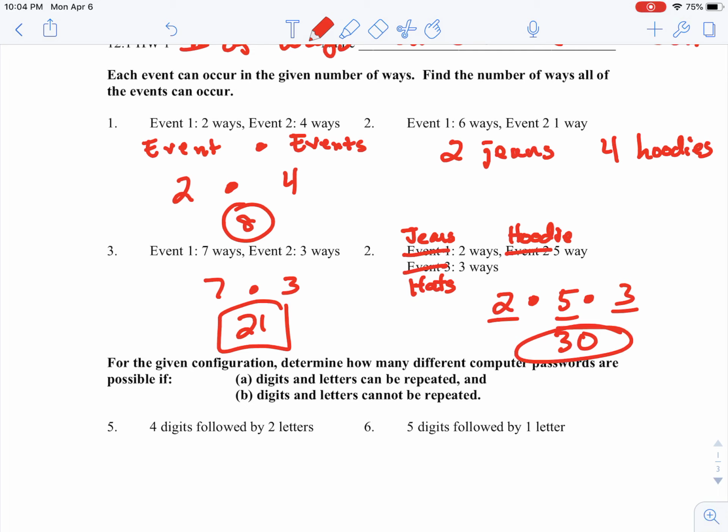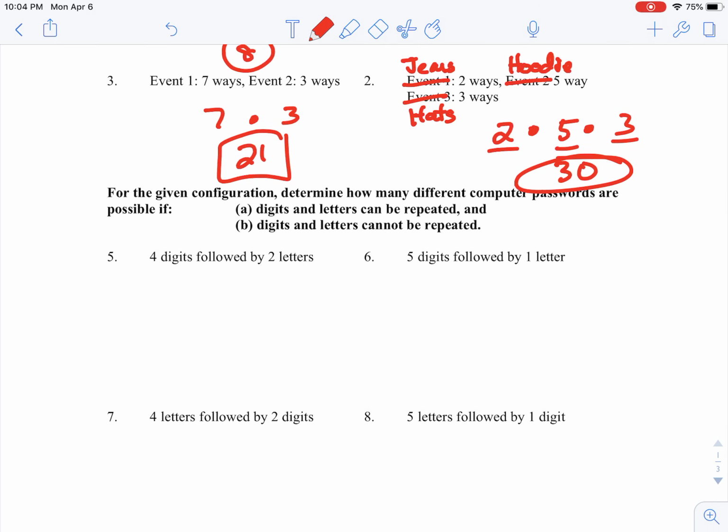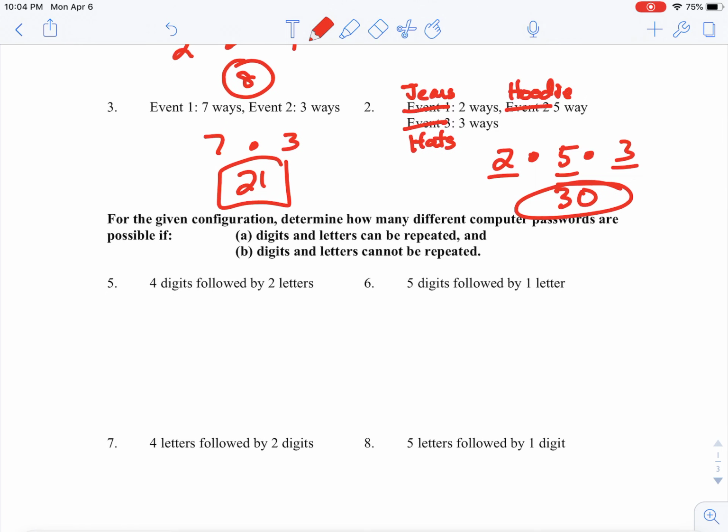Okay. All right, the next thing we got to do, this goes along with license plates and passwords. Okay. It says, for the given configuration, determine how many different computer passwords are possible if digits and letters can be repeated, digits and letters cannot be repeated.